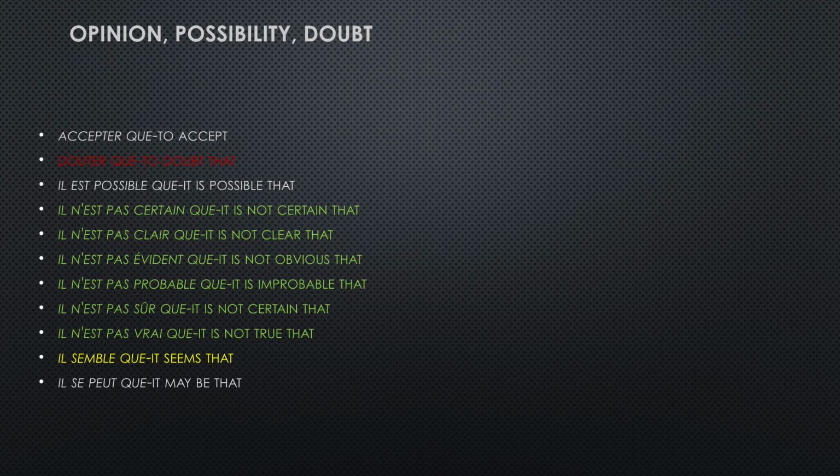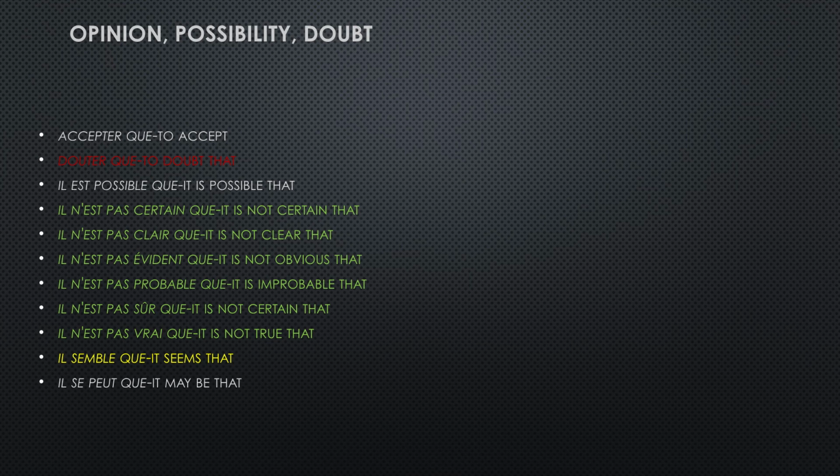And another use of the subjunctive is to express opinion, possibility, and doubt. And there are several important phrases on here, or I guess they're more or less categories rather than phrases.